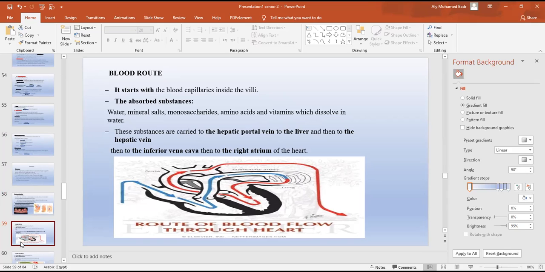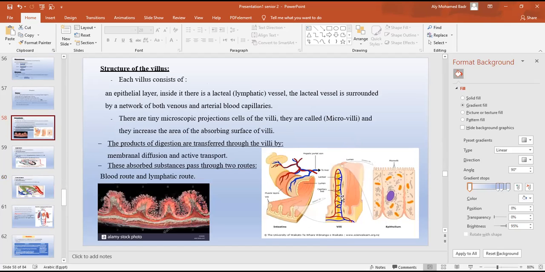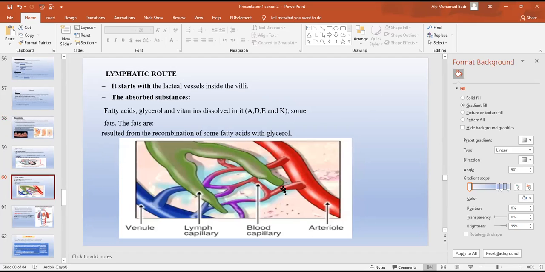And the other part is the lymphatic route, where it starts with the lacteal vessel inside the villi. Remember the yellow part, the lacteal vessel inside the villi, where this lacteal vessel will absorb only fatty acids, glycerol, and vitamins which dissolve in fat, which are vitamins A, D, E, K, and some fats.